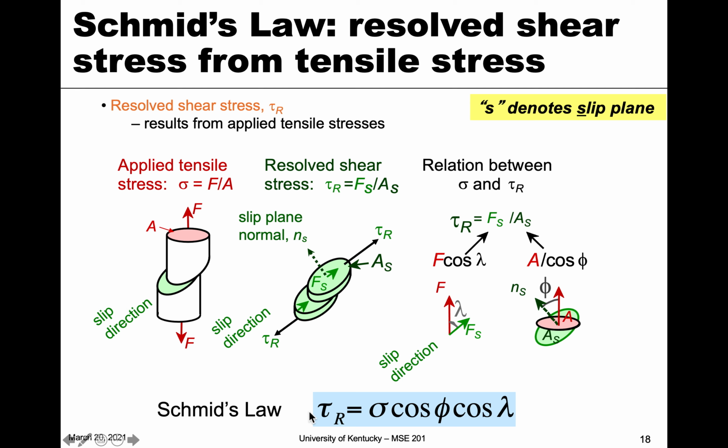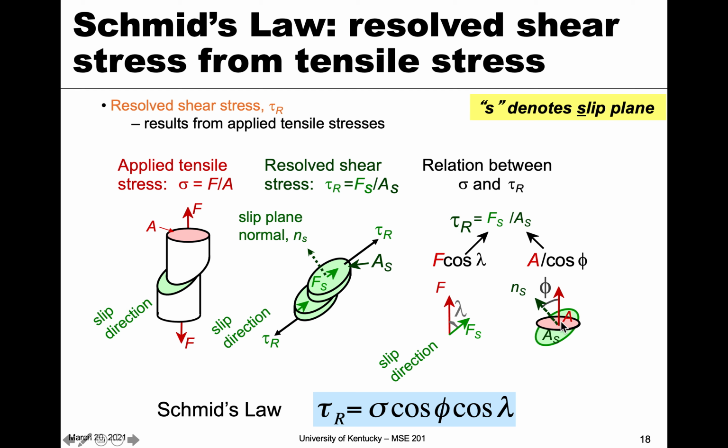So basically, Schmid's law says that the resolved shear stress, where the R in the subscript refers to resolved, is equal to our tensile stress, sigma, multiplied by cosine of the angle phi here, which is the angle between the normal to the cross-sectional area and the normal to the slip plane.